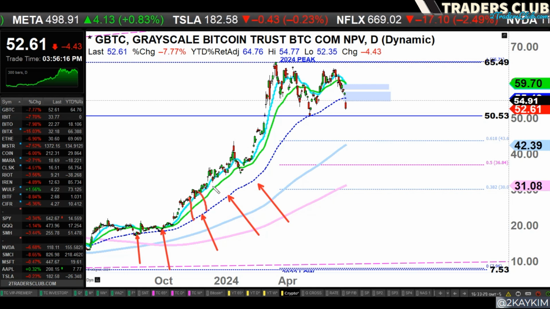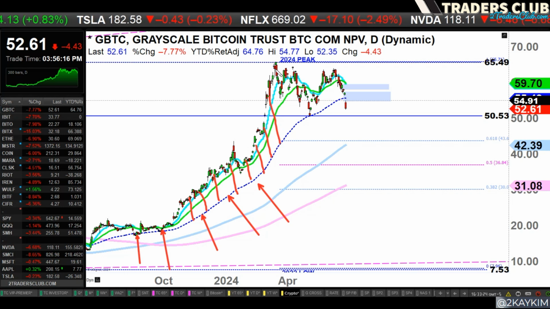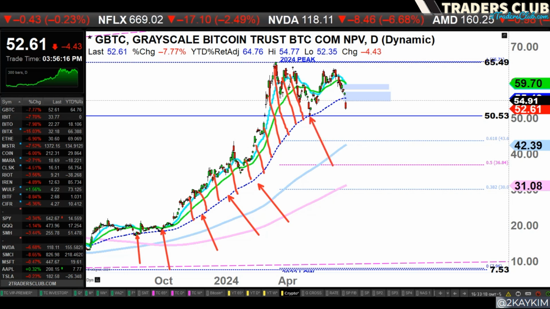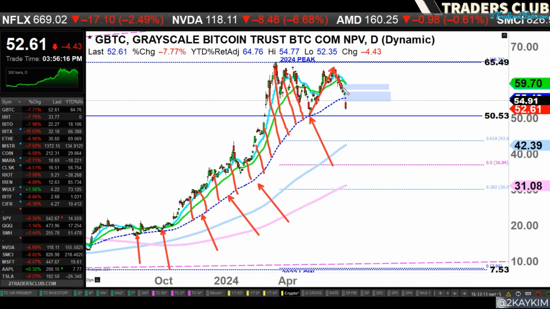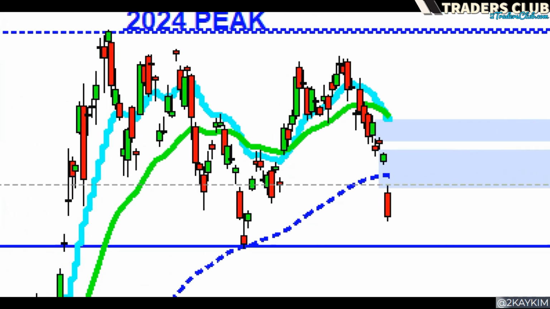If I do this, you can see how it started going vertical here, and the spacing got bigger and bigger, and finally it came down to it here in April. We bounced right off of it.